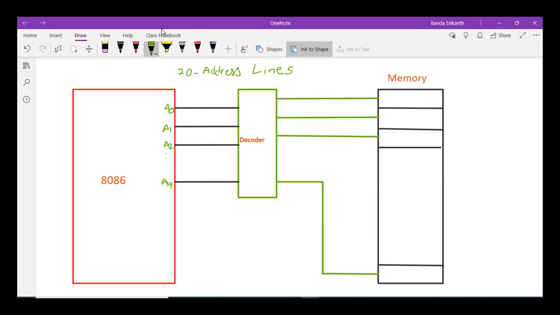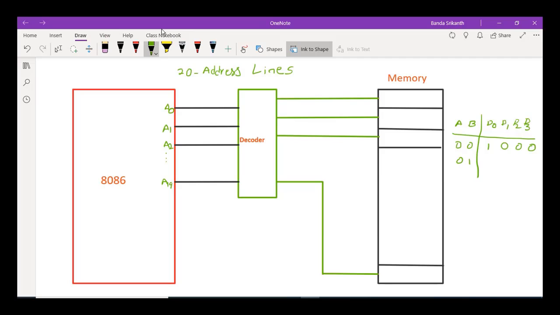Suppose we take a decoder truth table with inputs A, B, and outputs D0, D1, D2, and D3. If A, B are 0, 0, D0 will be 1 and all others will be 0.